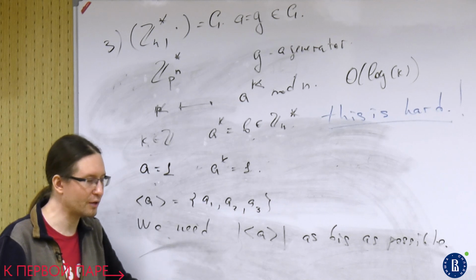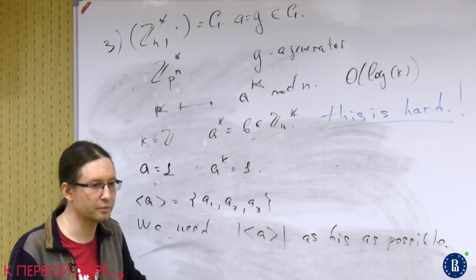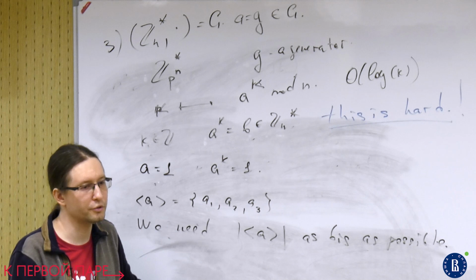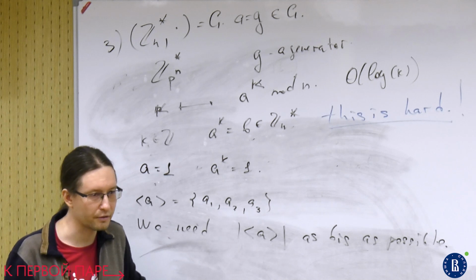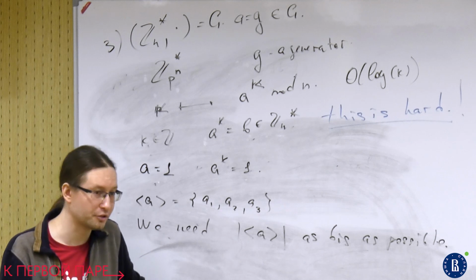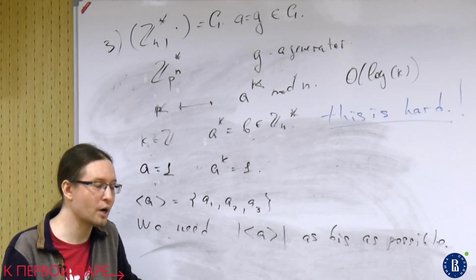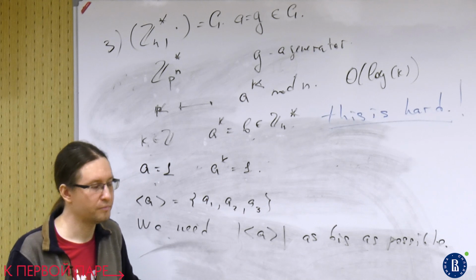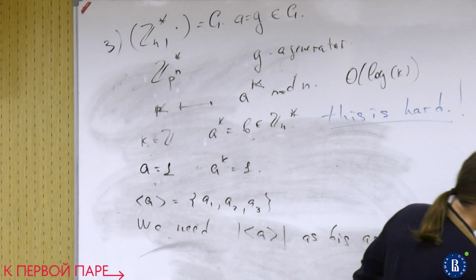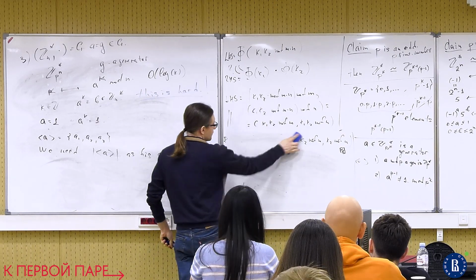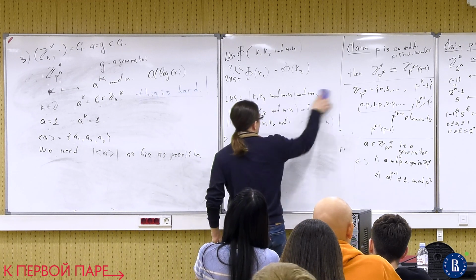So if you spend 1 month using a supercomputer to find such an element, it's okay for you, because then you will use this element for the rest of your life. And if you know at least one generator, then you can find any generator, because we know how to recompute all the generators of the cyclic groups. You are not doing this on the fly.